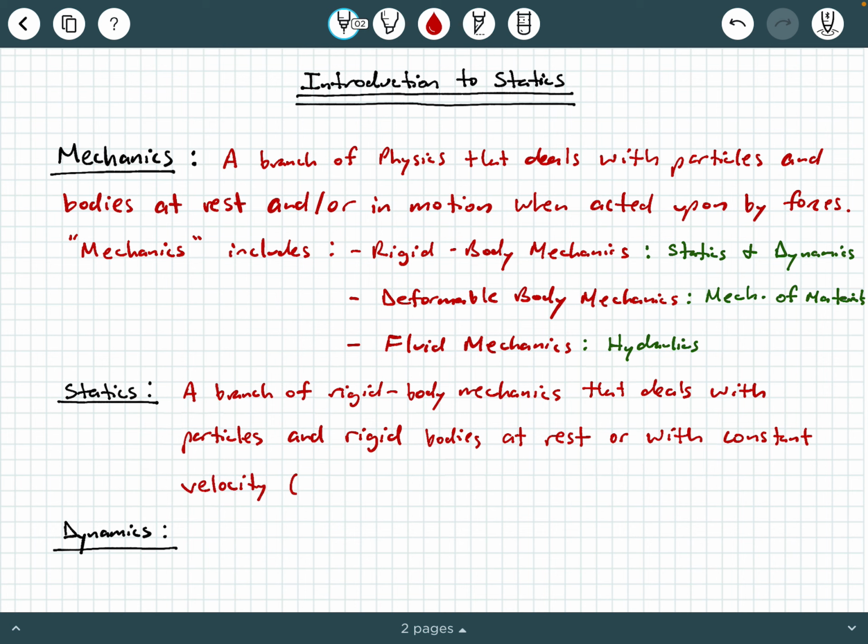And if you have constant velocity, we know that acceleration would be 0 whenever we have a state of constant velocity. We learned that concept back in Physics 1, okay?